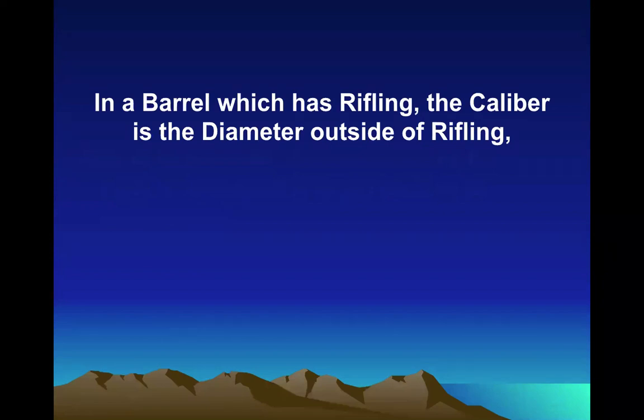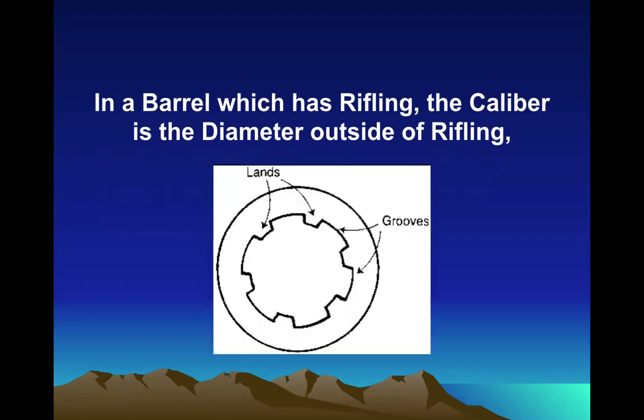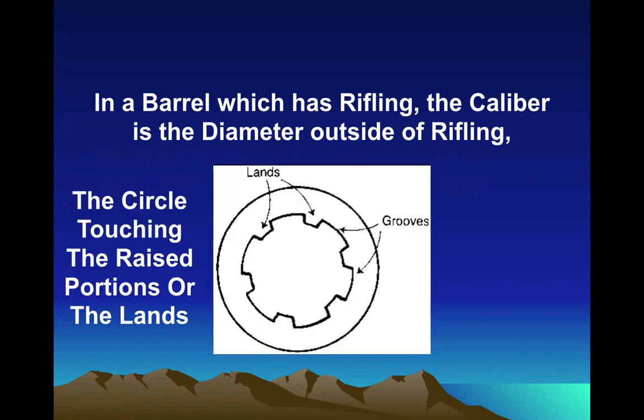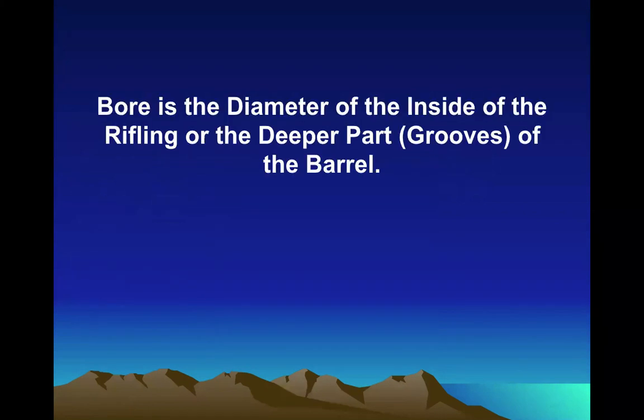In a barrel which has rifling, the caliber is the diameter outside the rifling. This is the circle which is touching the raised portion or the lands. And bore is the diameter of the inside of the rifling or the deeper part, that is the grooves of the barrel.